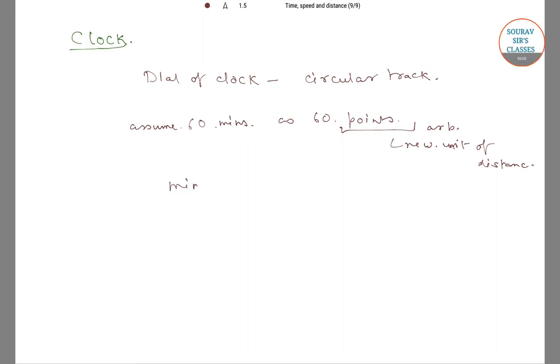So the minute hand runs 60 points per hour and the hour hand runs 5 points per hour.